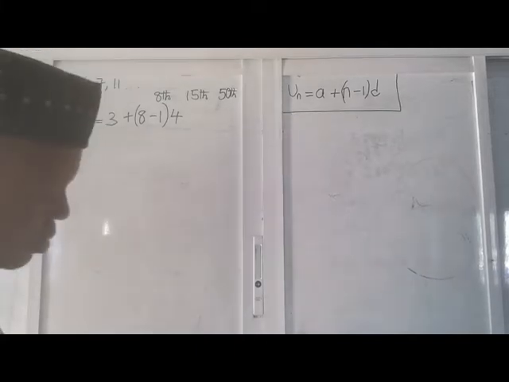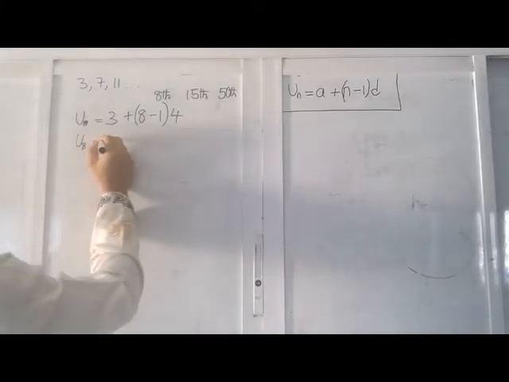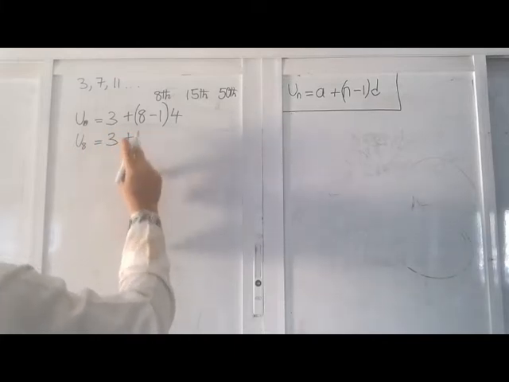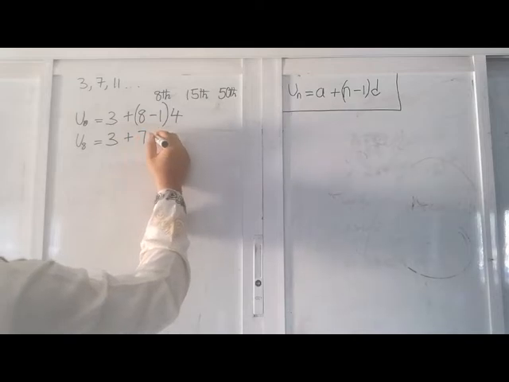So at this point, we can say the 8th term, which we are looking for, will give us 3 plus 8 minus 1 will give us 7 times 4.